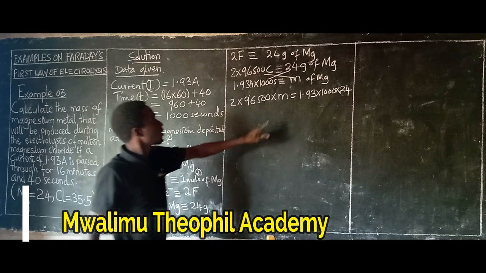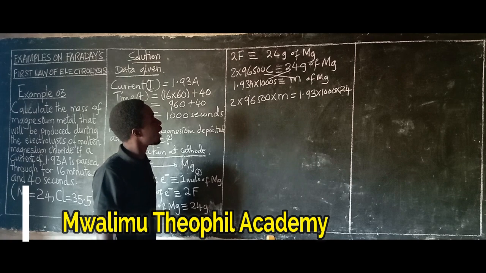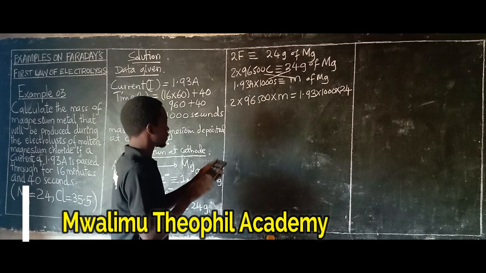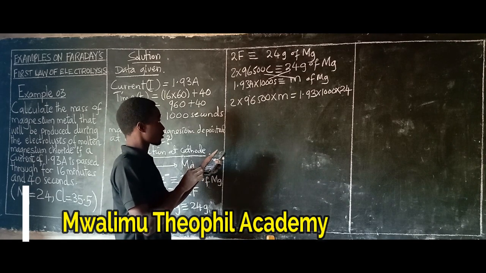Now, how can I get mass? Let us first multiply the values which are on each side. On the left-hand side, we have 2 times 96,500.